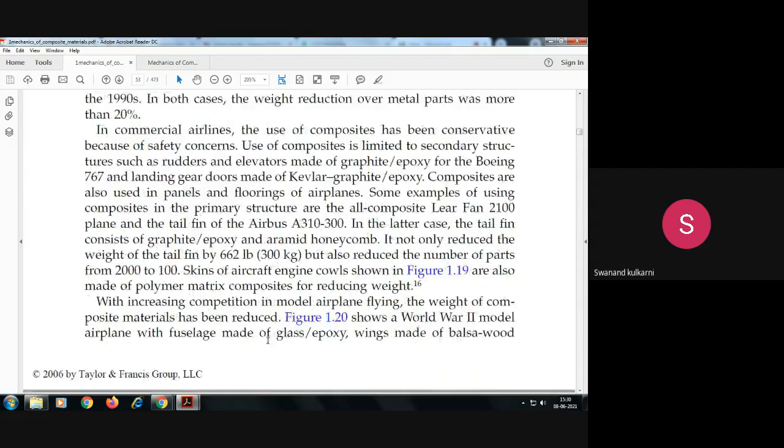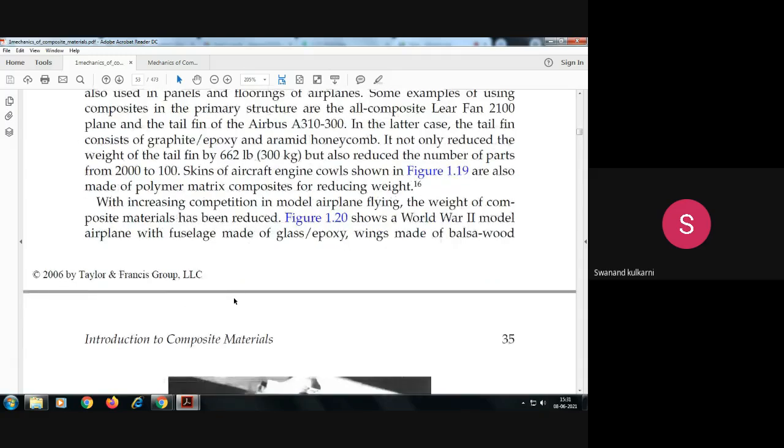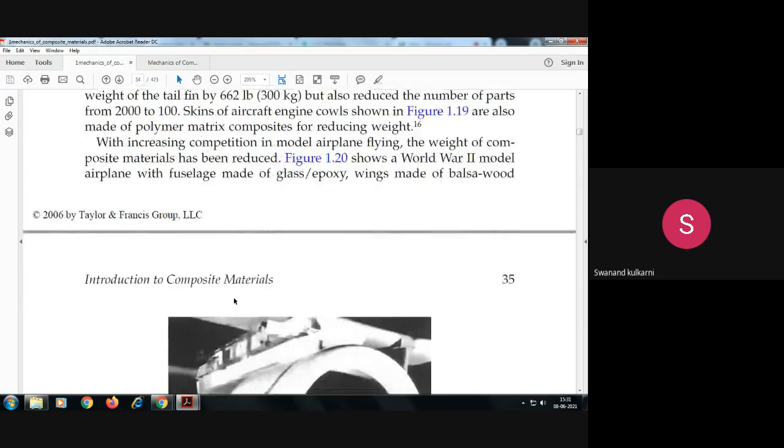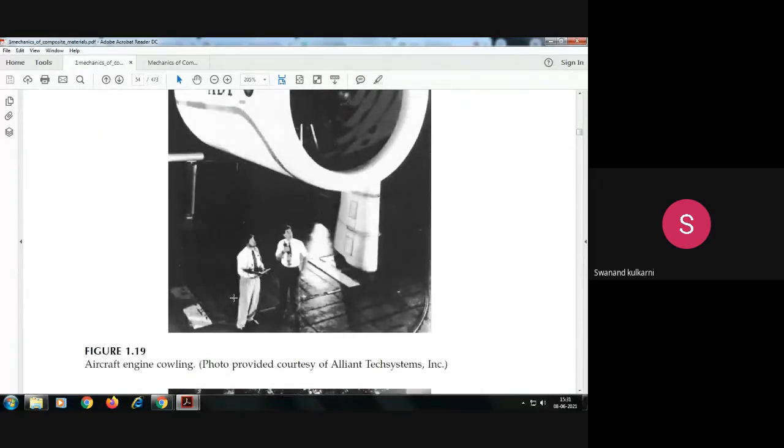So polymer matrix composites have applications in air. Okay. So we can see how these are the advantages from application point of view. In World War II also, epoxy was used.